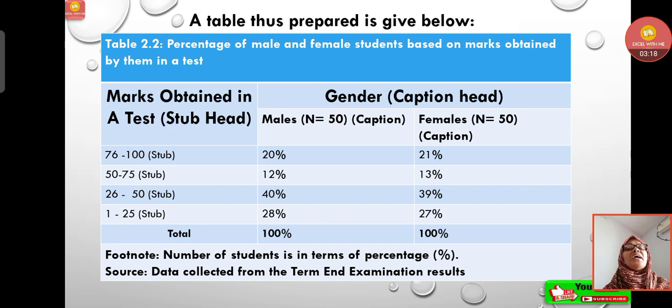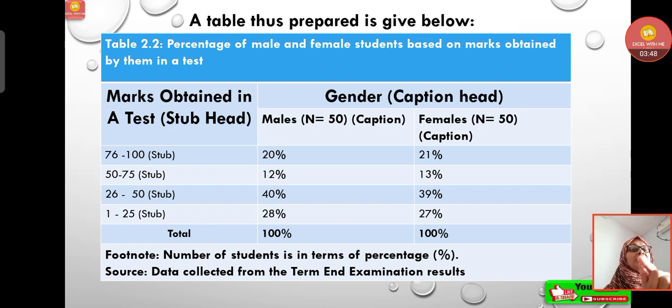A table thus prepared is given below. The main table heading is: percentage of male and female students based on marks obtained by them in a test. Then the subheading, the marks obtained in a test. Gender is the caption heading, and under gender we have given males and females, which again become captions.